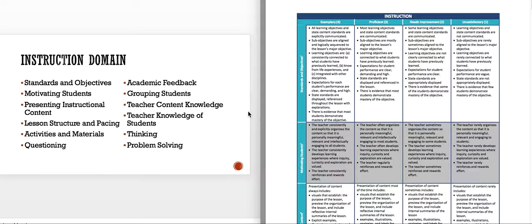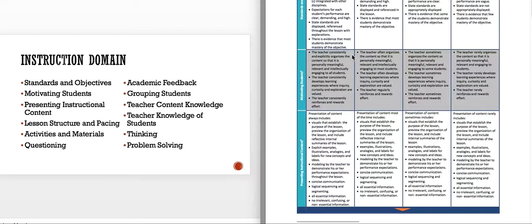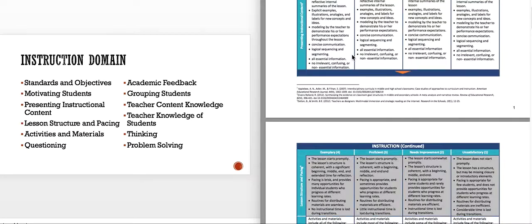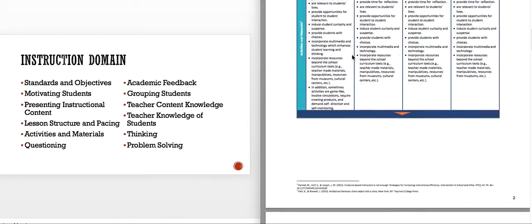In the instructional domain, and you can see on the side of the screen here, I have the actual 4.0 rubric posted. There are 12 different indicators of how you're going to be evaluated. So the first one is standards and objectives. The second area is motivating students. The third area is presenting instructional content. We then move into lesson structure and pacing, activities and materials.